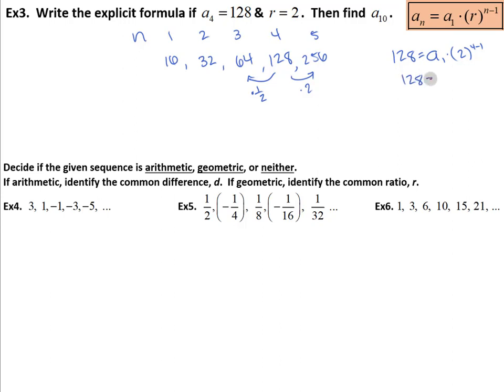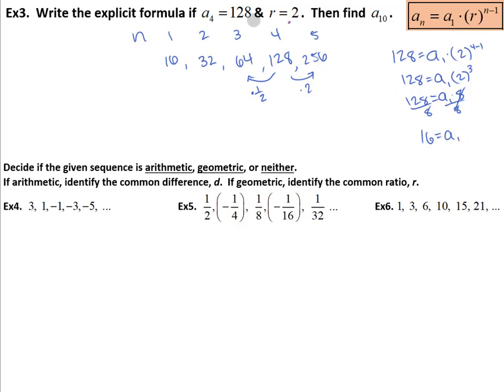So we can algebraically solve for the first term here. 4 minus 1 is 3. 2 cubed becomes 8. So the first term times 8 equals 128, and if you divide by 8, we end up getting 16 is the first term.